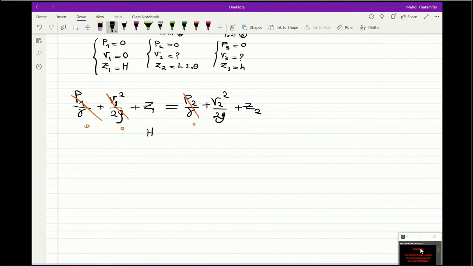So the left side is going to be just h, and the right side is going to be V2 squared divided by 2G plus L sine of theta. Therefore, V2, the velocity at point 2, is going to be the square root of 2G times (h minus L sine of theta).